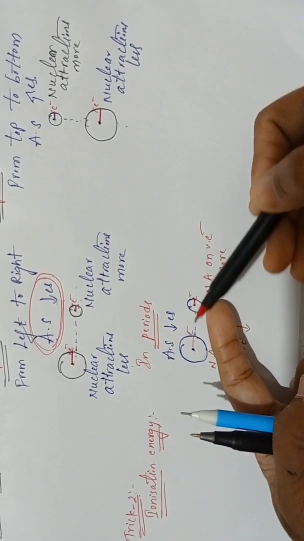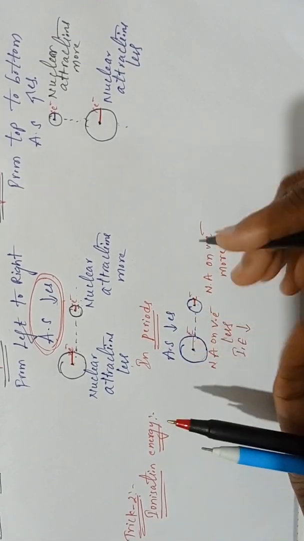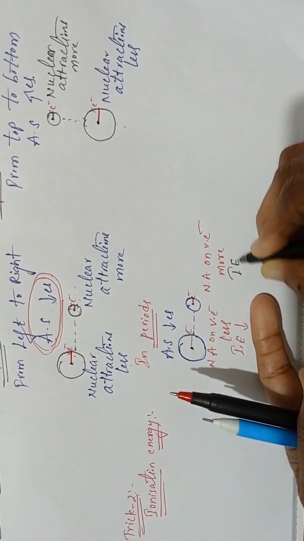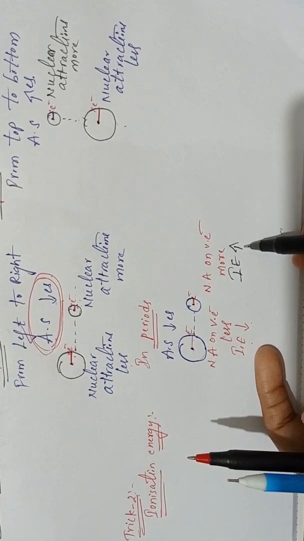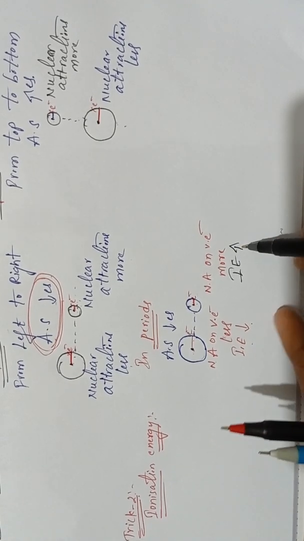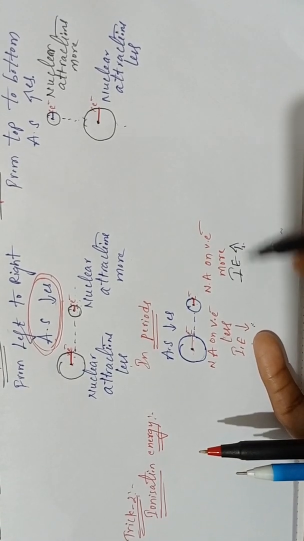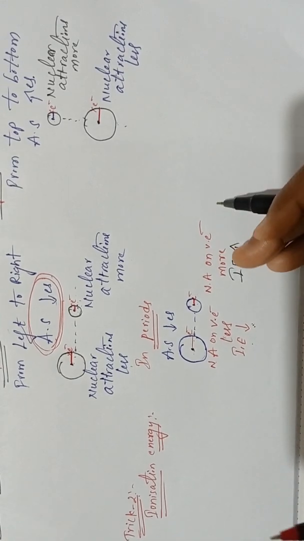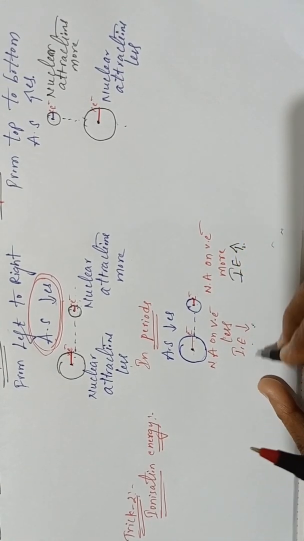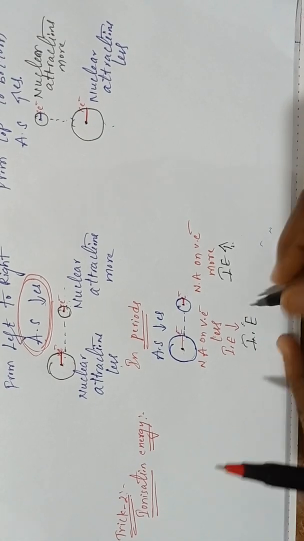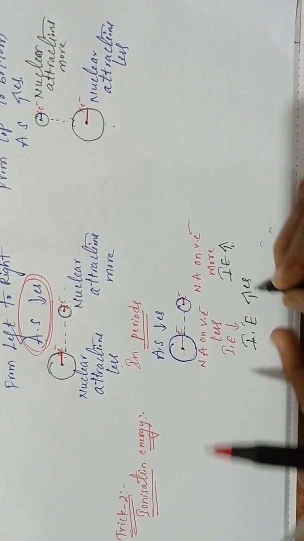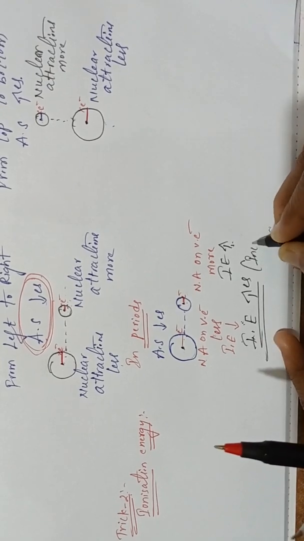So ionization energy in this case is more. Clear? Here ionization energy is less, here more. Left to right, small to big, that is nothing but increases. So in periods, ionization energy increases. Clear?